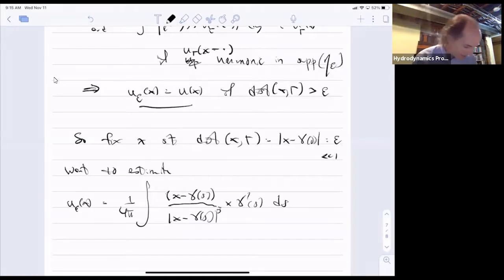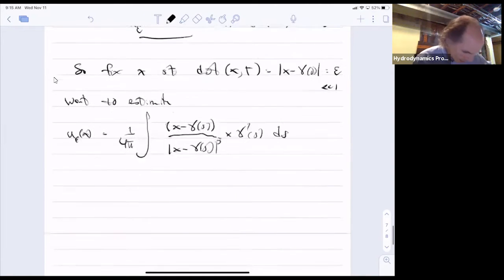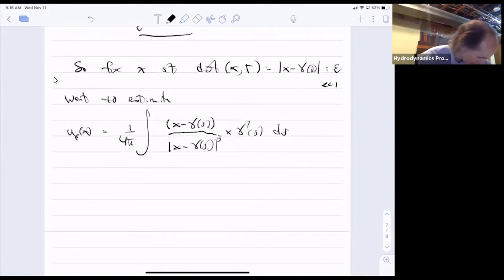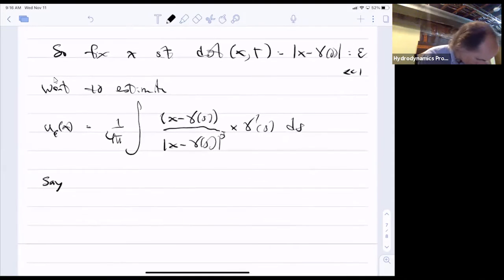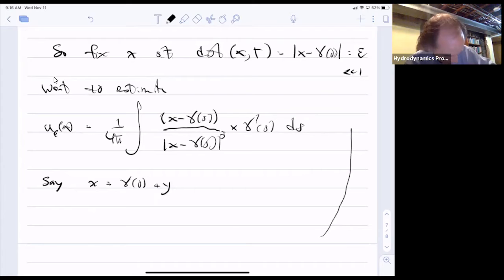Okay, and so let's say, here's a picture. Let's say x is gamma of 0 plus y. Here's the curve. Here's the point x. So gamma of 0 is the closest point. That means that the vector connecting x to gamma of 0 is orthogonal to the curve.